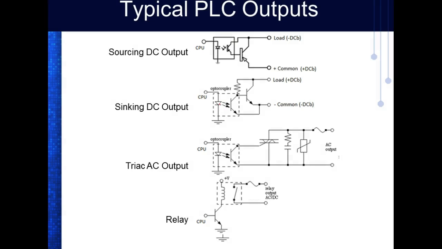So there's basic, this doesn't mean they're exactly the same, but normally this guy here would have a diode in parallel with it. But sourcing, we use a what? PNP. Sinking, we use an NPN. This is a device called a triac, by the way, which is solid state. We find these in solid state relays.